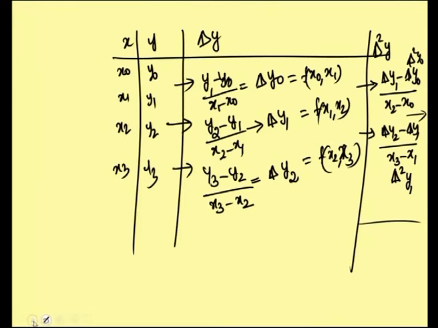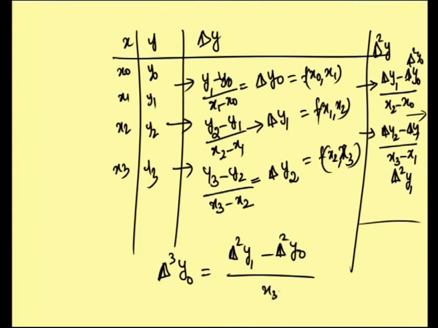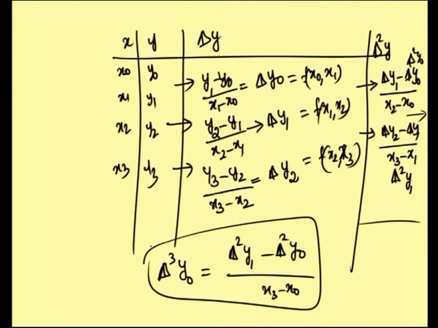I will just write down the formula: del cube y0 is equal to del square y1 minus del square y0 divided by x3 minus x0. That is going to be the last value.